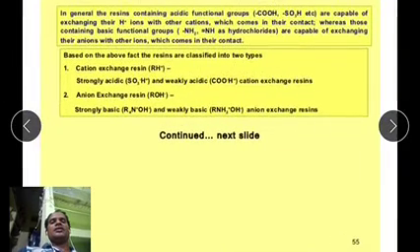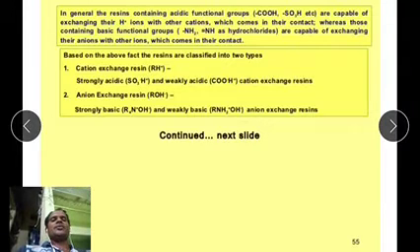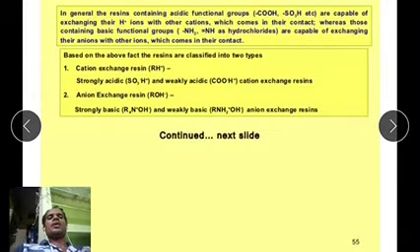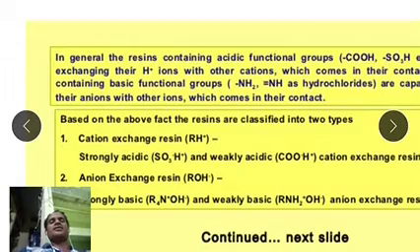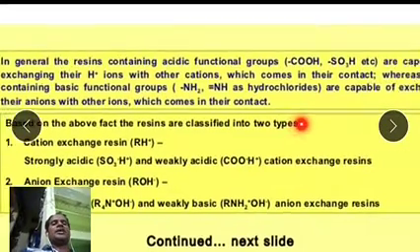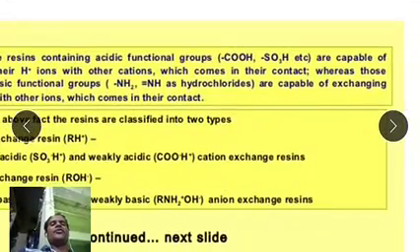In general, resins containing acidic functional groups like COOH or SO3H, carboxylic or sulfonic acid functional groups, are capable of exchanging their hydrogen ions with other ions which come in contact.